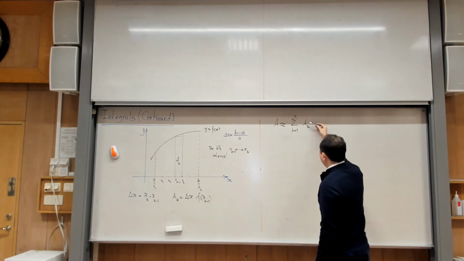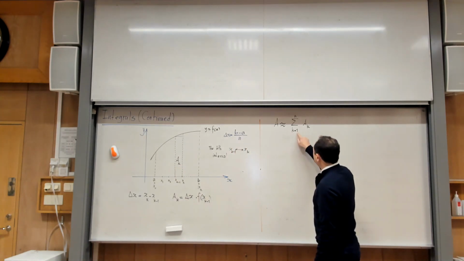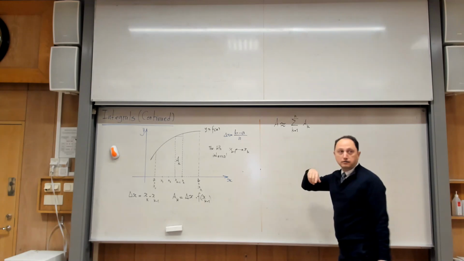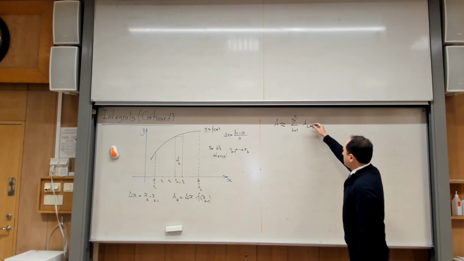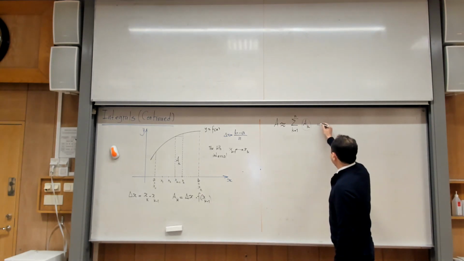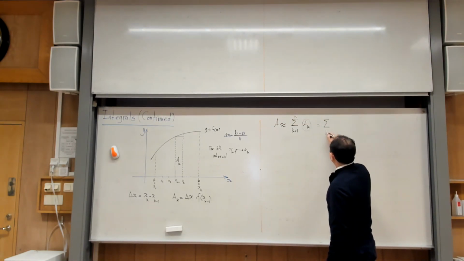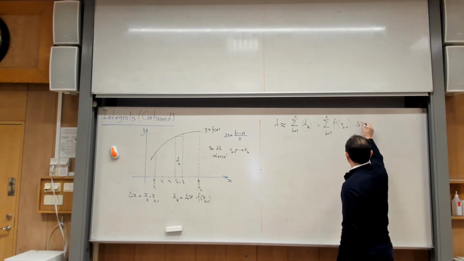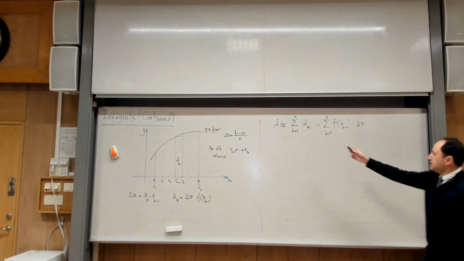I am adding the areas of each one of these sub-rectangles from the first rectangle to the last one, which is the nth rectangle. This is approximately equal to the area that I want. But instead of a sub k, I can replace it with that one. So this becomes sigma, k goes from 1 to n, f of x sub k minus 1, multiplied by delta x. Yes?